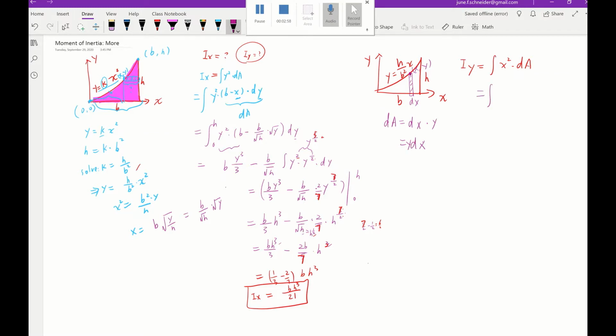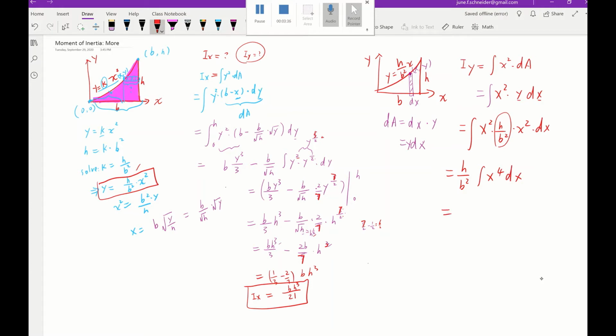So we plug it in here. We'll have x squared times y dx. We'll integrate about x, so we're just going to substitute y as x. We already have a y equation. Our y equation is going to be equal to this equation right here. It's going to be h over b squared x squared dx. So taking out our coefficient out, h over b squared, then inside the integral we'll have x to the fourth dx.